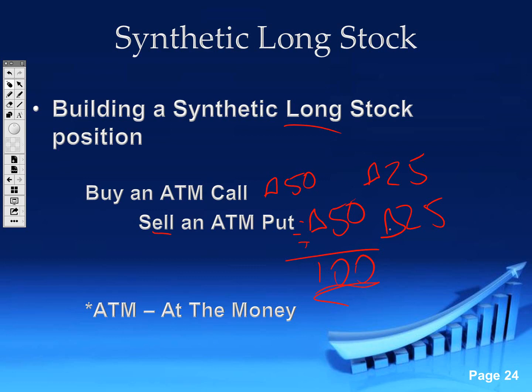We've got a risk reversal going on, but we only have 50 deltas. All right. So if we only have 50 deltas and XYZ goes up by $1, we only increase by 50 cents over here. Why? Because we only have 50 deltas.